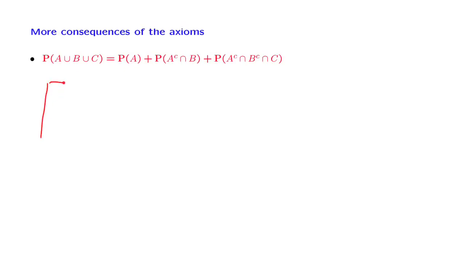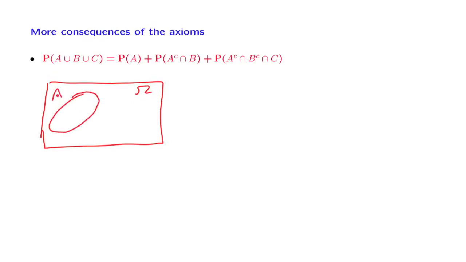So we have our sample space, and within the sample space there are three sets: set A, set B, and set C. We're going to use a set theoretic relation. We're going to express the union of these three sets as the union of three disjoint pieces. What are these disjoint pieces?